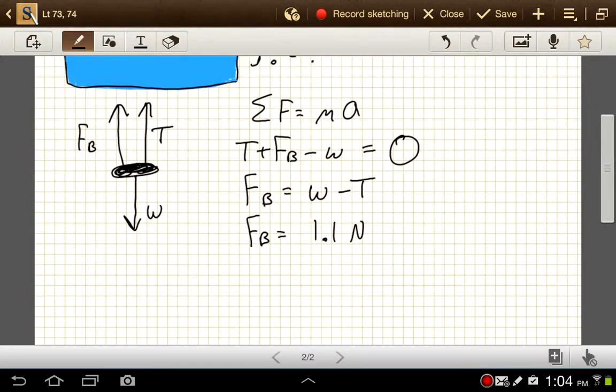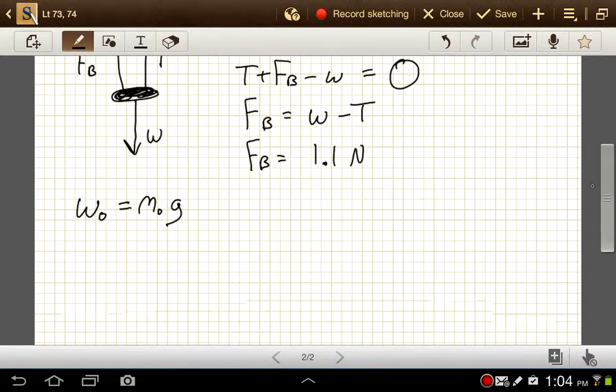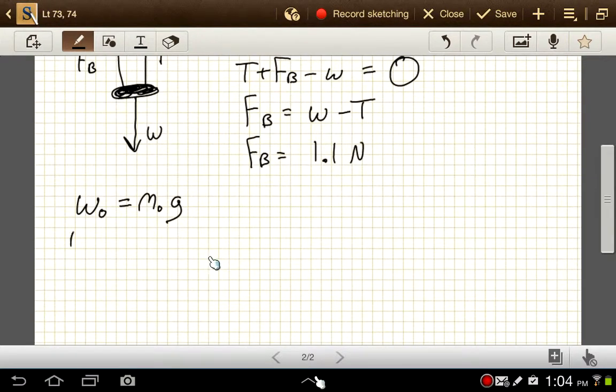Well, we also know that the weight of the object, W_O, can be expressed as the mass of the object times gravity, that 9.8 meters per second squared. If we're trying to find out density, we have this mass we can work with.